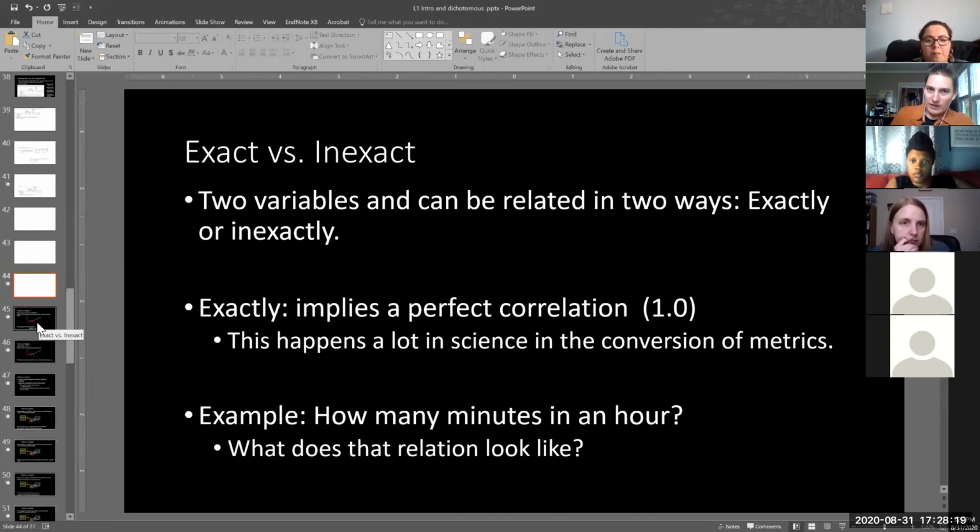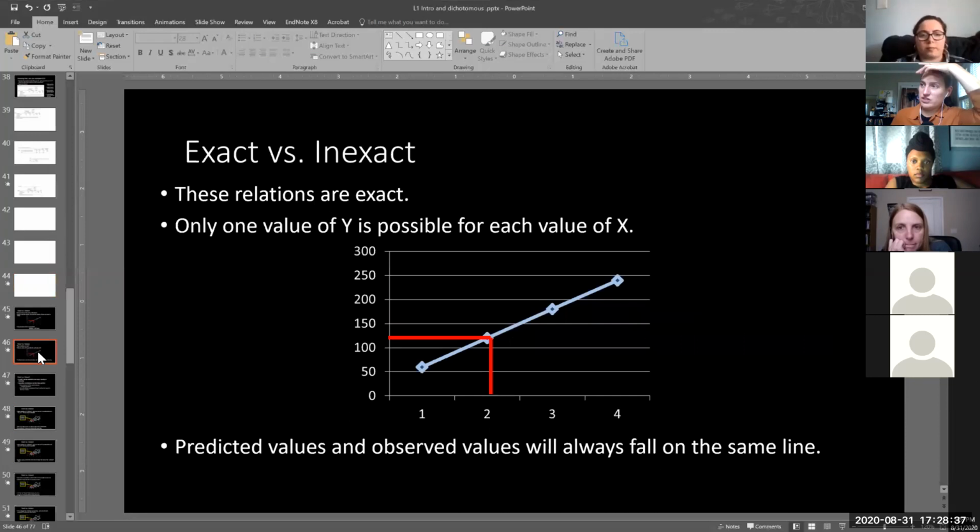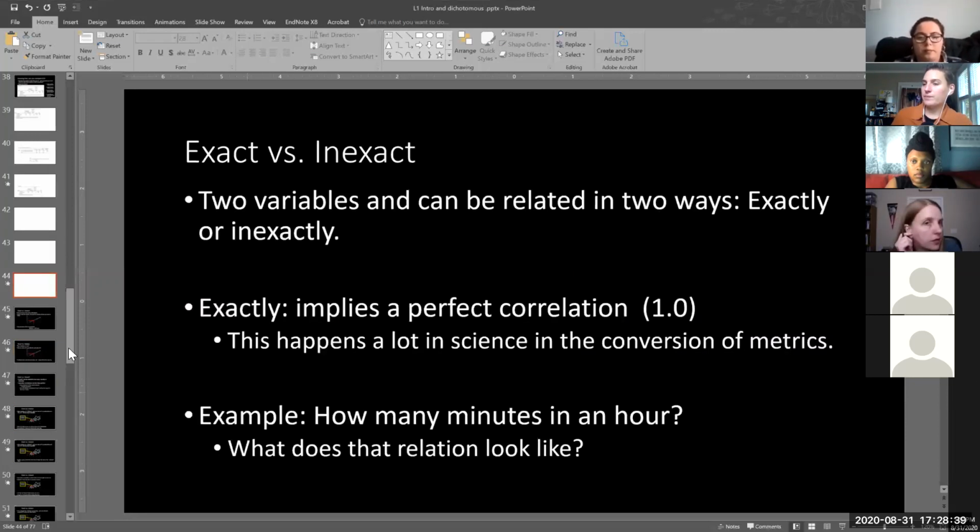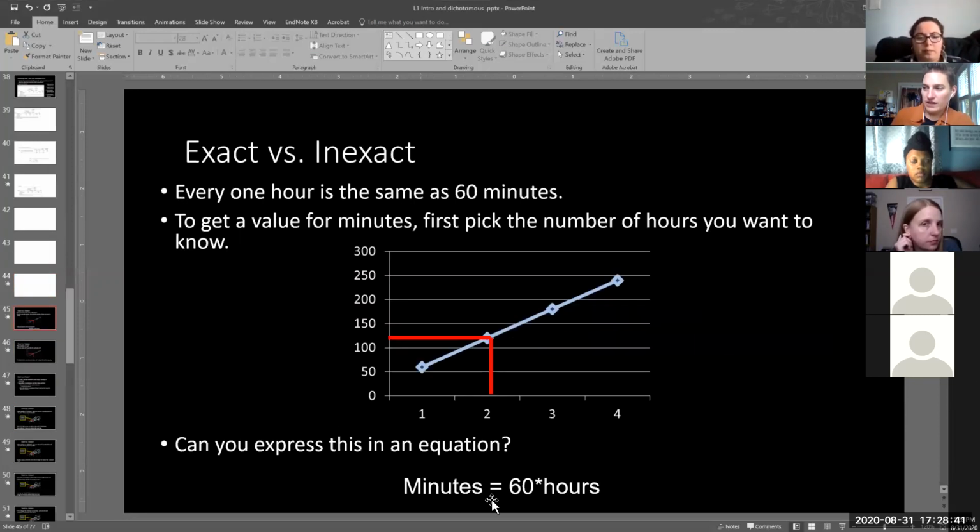The whole idea behind this is that with a correlation, there are two ways that two variables can be related to each other. They can be related perfectly or exactly, or not perfectly or not exactly. An exact relationship is a perfect correlation. Something like minutes is always equal to 60 times hours.